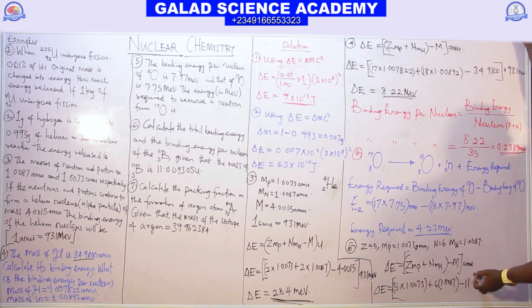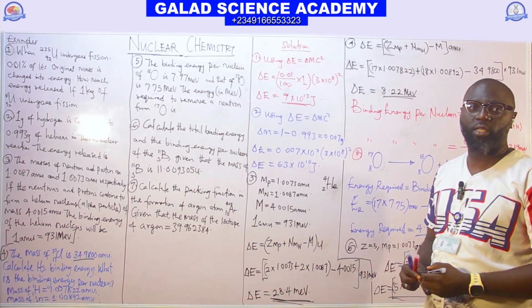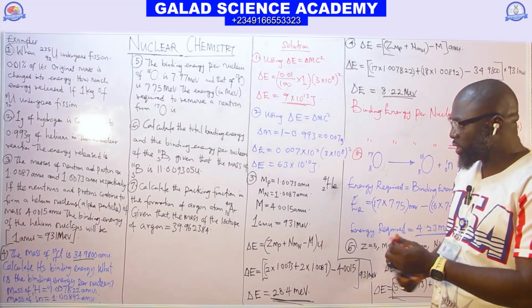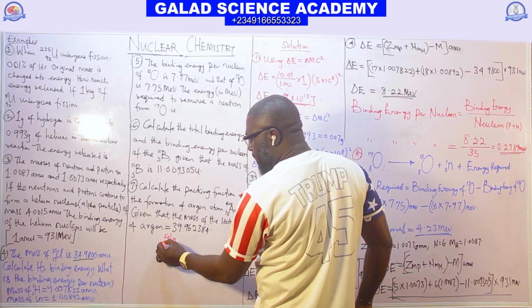So note that 1 AMU is equal to 931 MeV. The final answer you get here will be your binding energy.